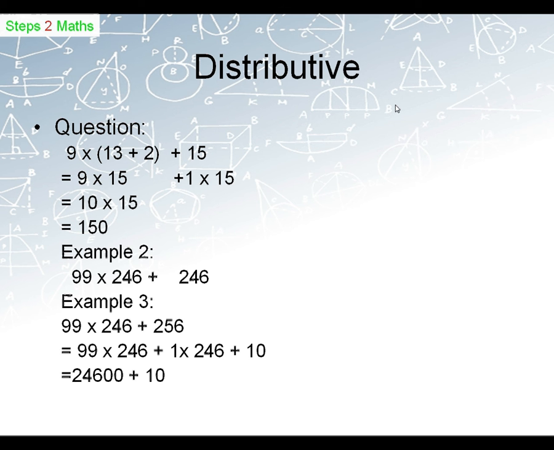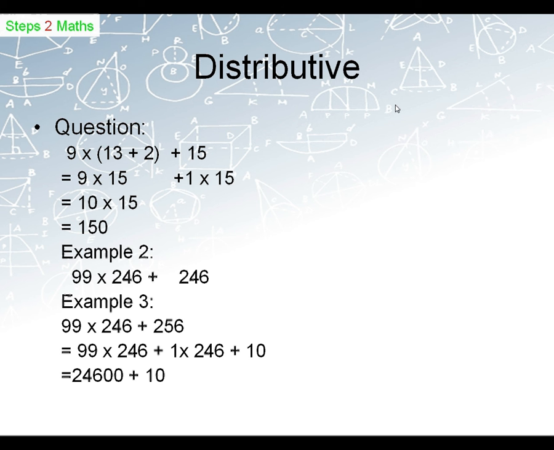Now we have 99 groups of 246 and another group of 246 plus 10, which gives us 246 times 100 plus 10, which is 24,610.